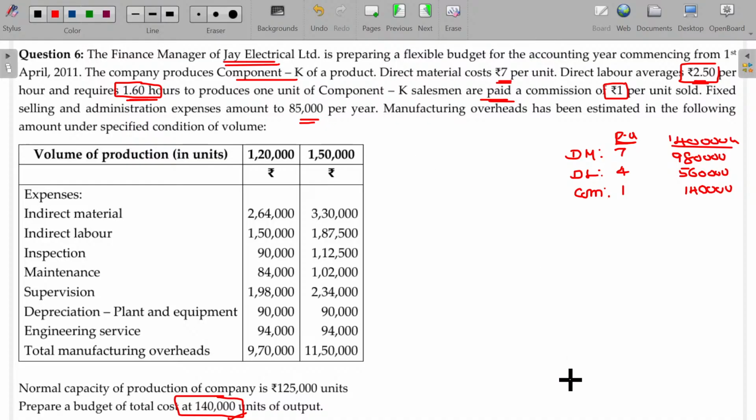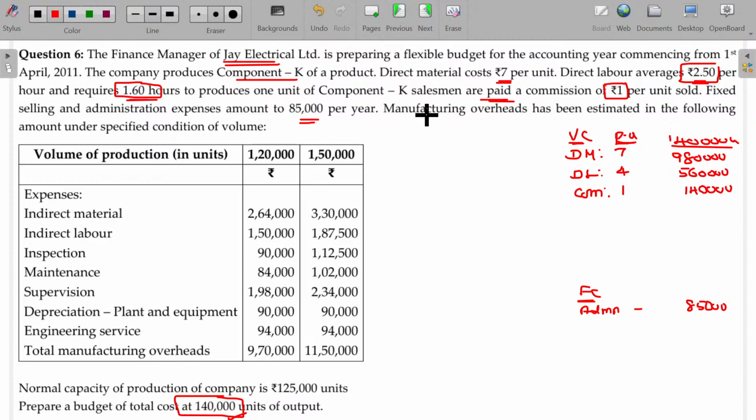In case of fixed cost, under admin cost, the value being 85,000 per year.